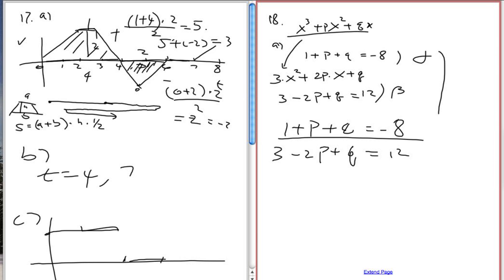And then we simplify these two equations. P plus Q equals -9.